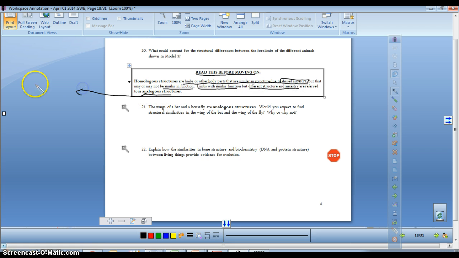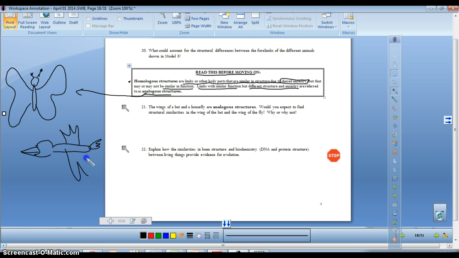Remember, analogous structures would be like the butterfly wing and bird wing. Okay?